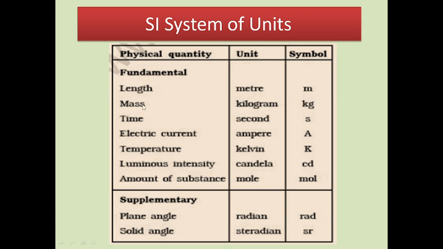They are length, mass, time, electric current, temperature, luminous intensity, amount of substance. Length, its unit meter; mass, kg; time, second; electric current, ampere; temperature, Kelvin; luminous intensity, candela; amount of substance, mole. The symbols have also been given here. The 2 supplementary quantities are plane angle and solid angle, with units radian and steradian.